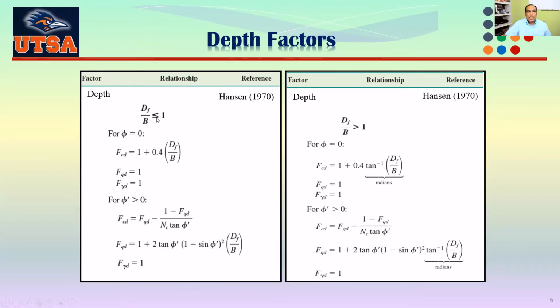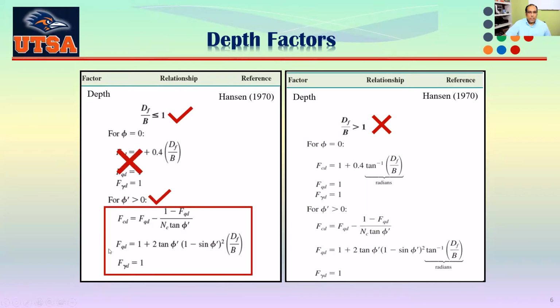So Df by B is less than 1, so we are going to use this page, not this page here. Now we have to take a look at our phi: is phi 0 or greater than 0? For our case, phi is 25 degrees. So we are going to use this equation to find our depth factors. Okay. Now let's get back to the board and try to do the problem.